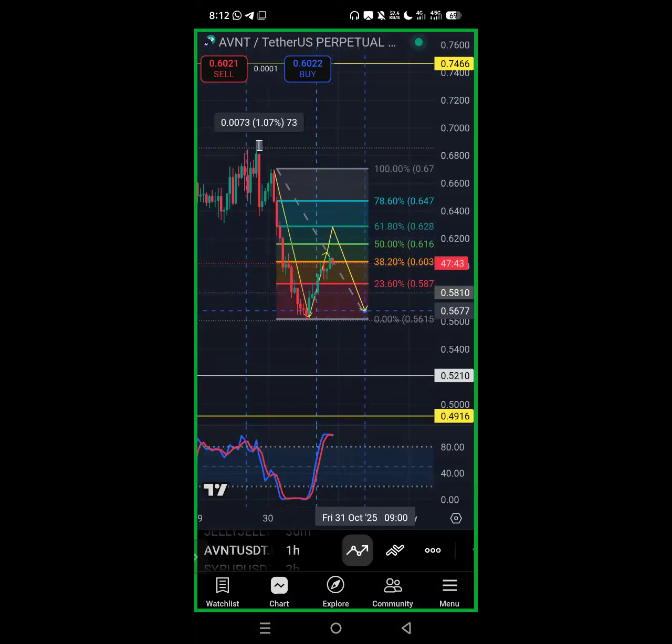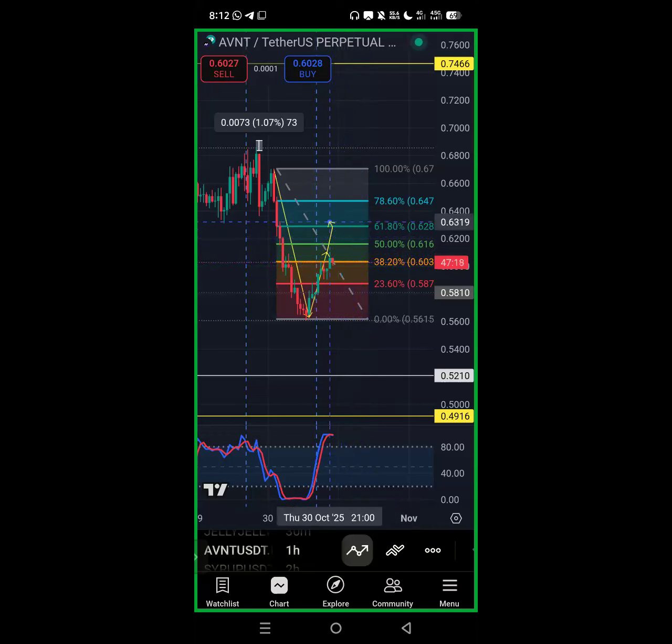If it is meant to continue down after this pullback, we expect a trend continuation to the downside. However, at this point where the market price is, you may hardly look out for entry opportunities, unless you intend to short the market.